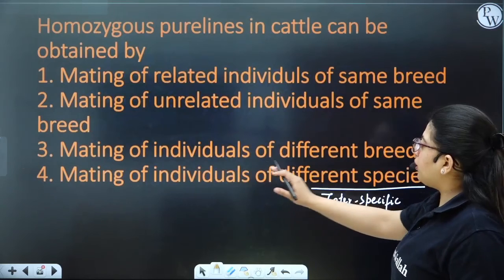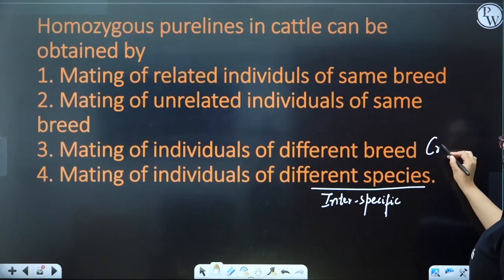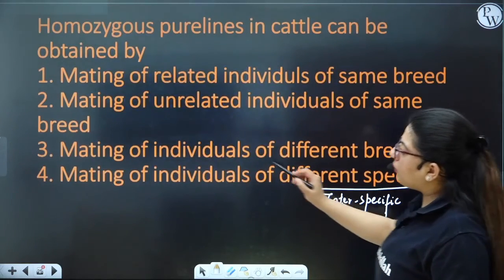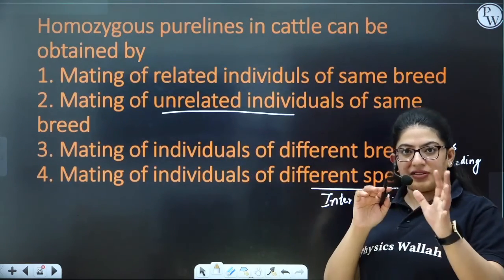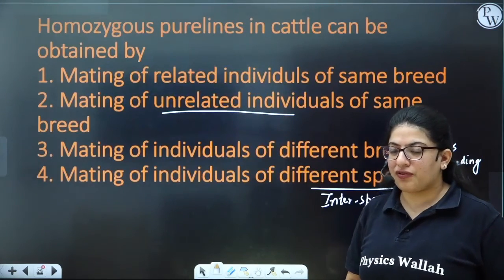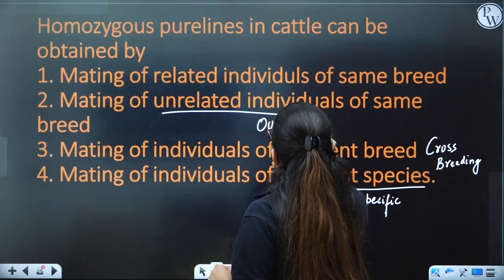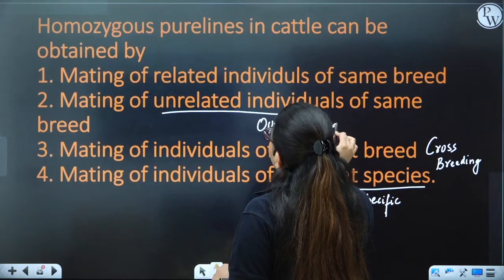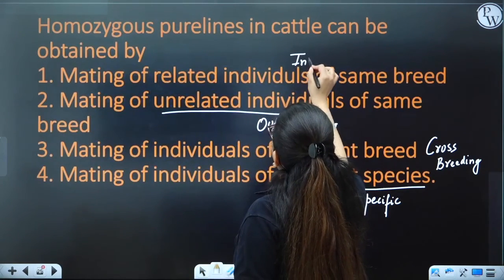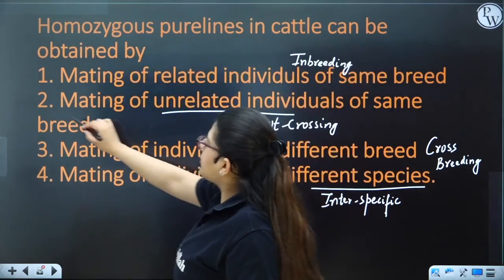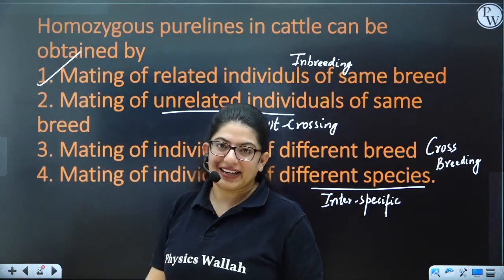Mating of individuals of different breeds is crossbreeding. Mating of unrelated individuals, that means they're not relatives, far away from 4th to 6th generation, is outcrossing. Whereas when they are related, you call it inbreeding. So what will be the answer, guys? Answer 1 is the correct answer.